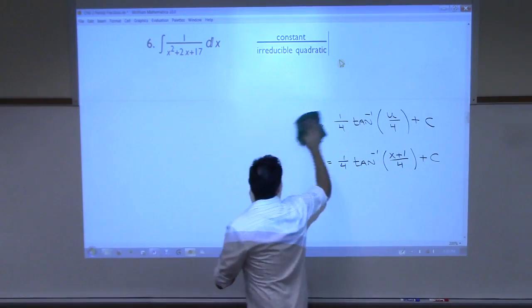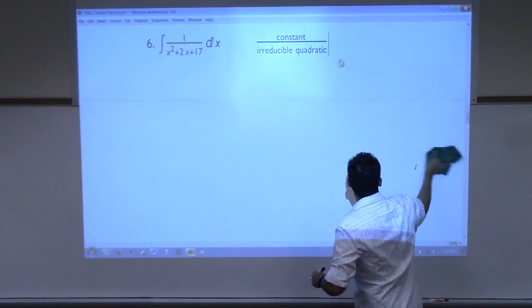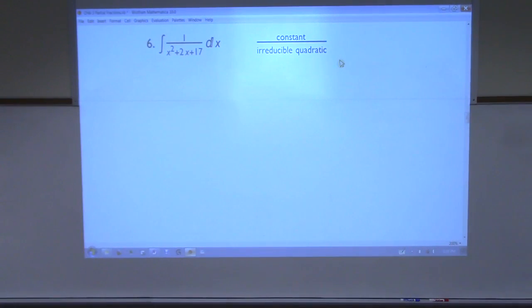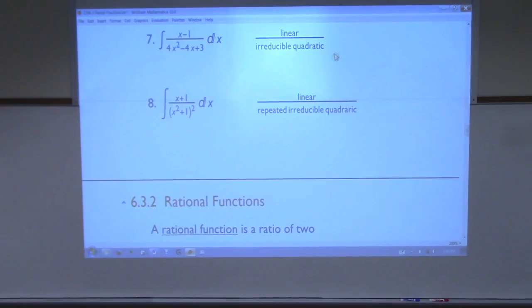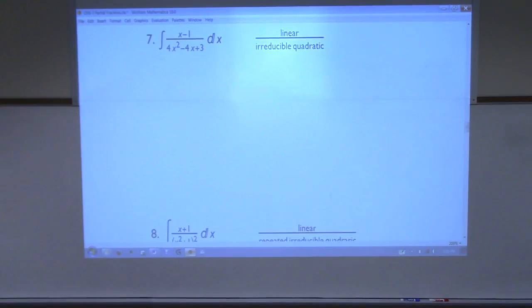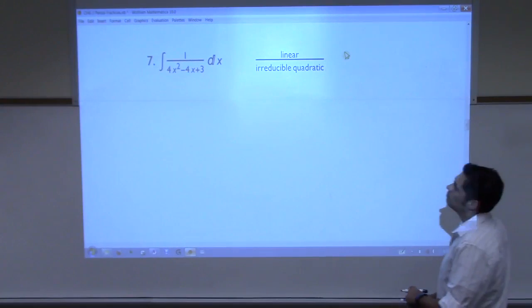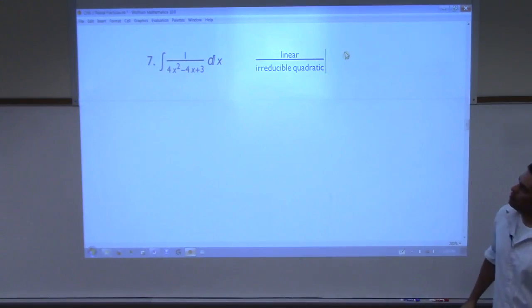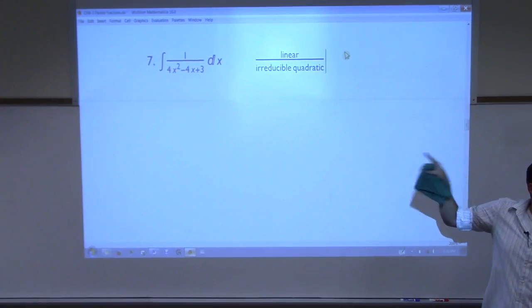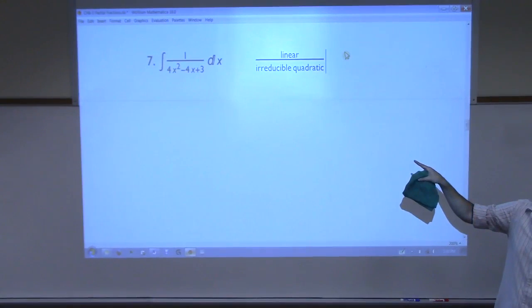I'm going to give you another one before we move on to example 7. Let me change this problem real quick. Okay, what about that? That's a constant over an irreducible quadratic.